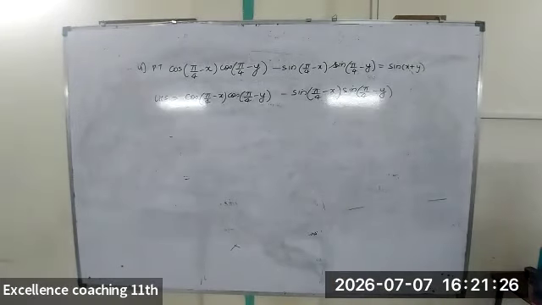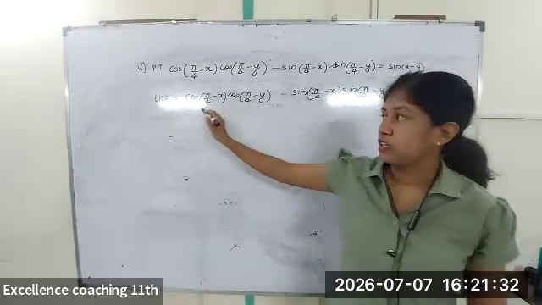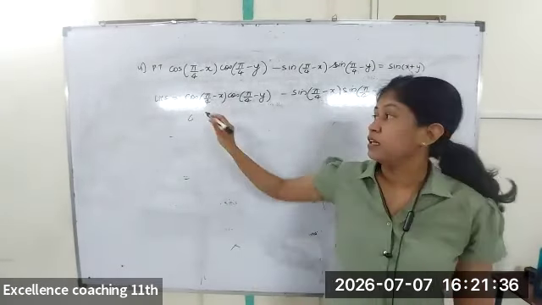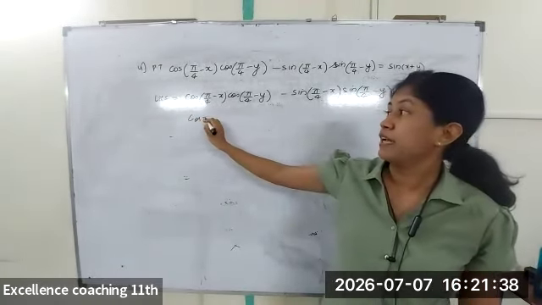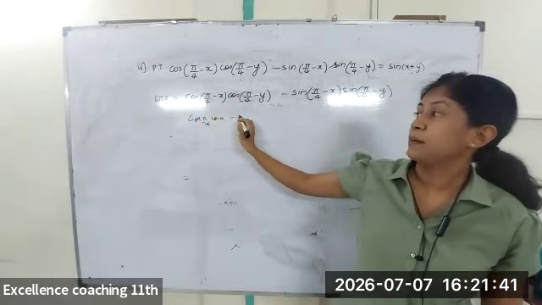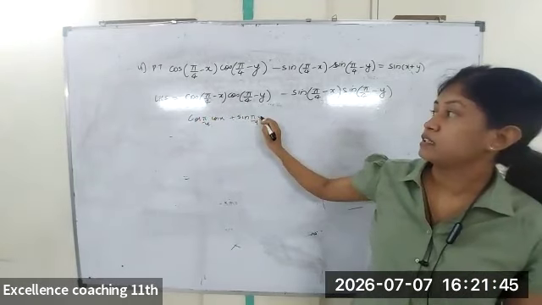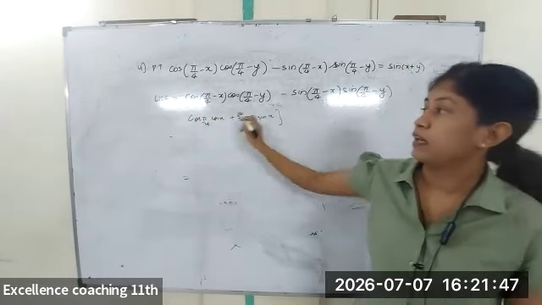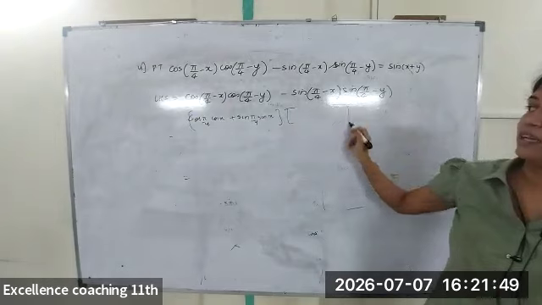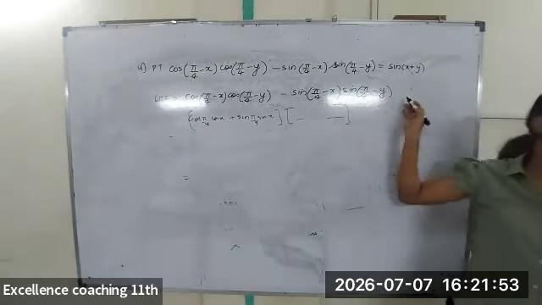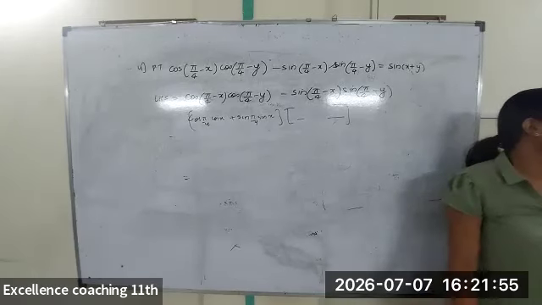Now, wait. Don't directly go and apply all the formulas. If you apply here, you will get the answer, but that is a long method. If you apply cos A, cos B minus sin A, sin B, then again you'll have to apply this, another two terms will come, again you'll have to open up, and then again here. So too many terms will come up.